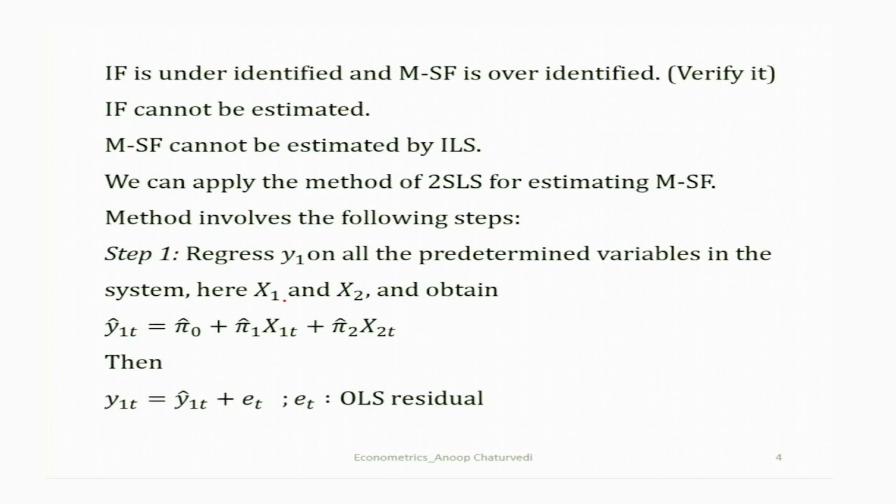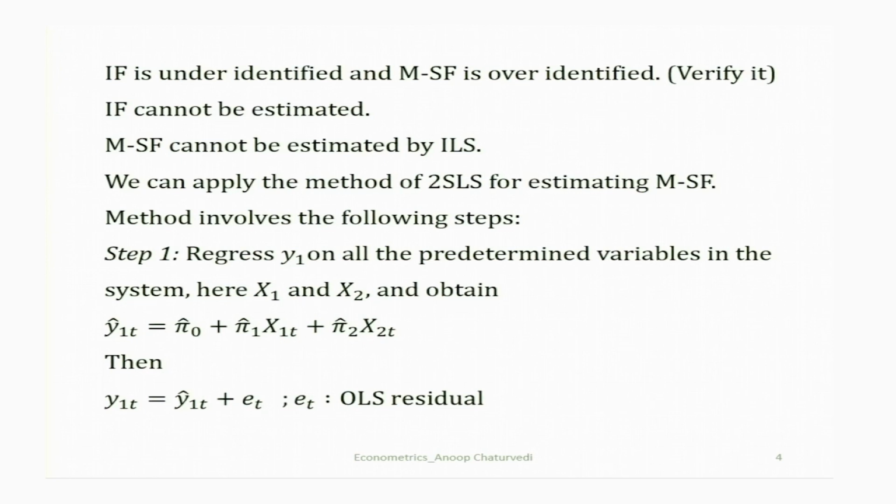Here you have just two predetermined variables except the intercept. Of course, you have the intercept also. So, the two predetermined variables are x 1 and x 2. So, we run regression between y 1 and x 1, x 2.